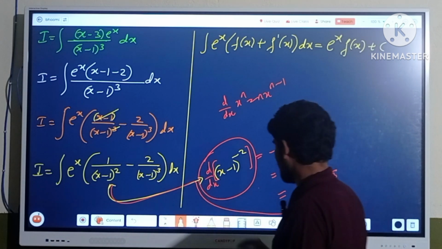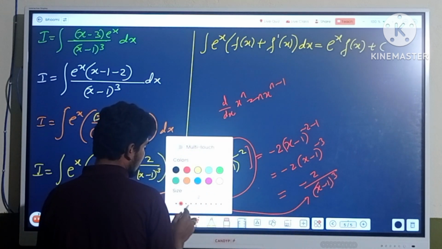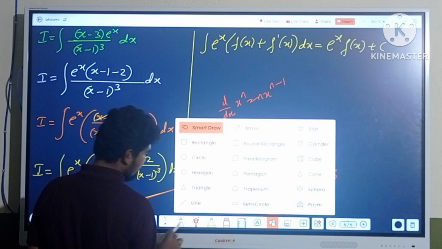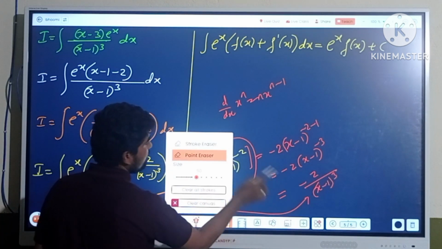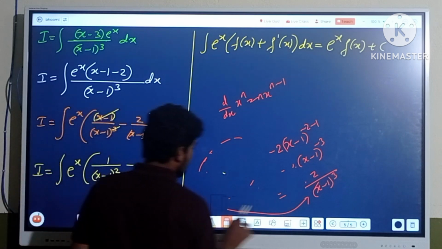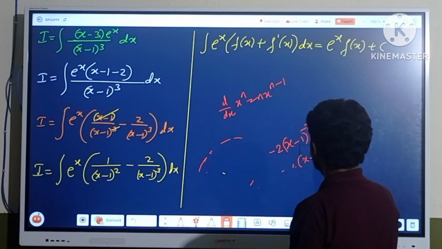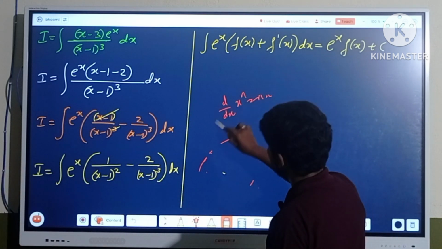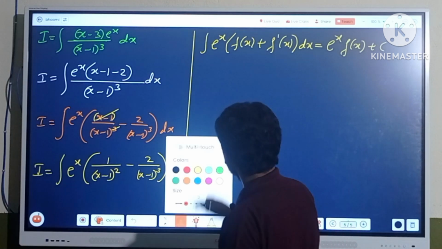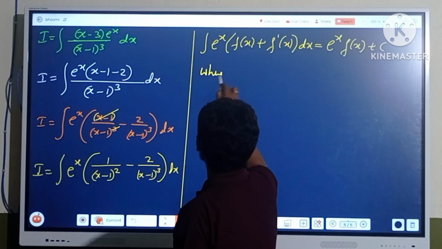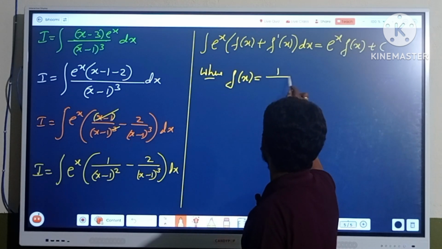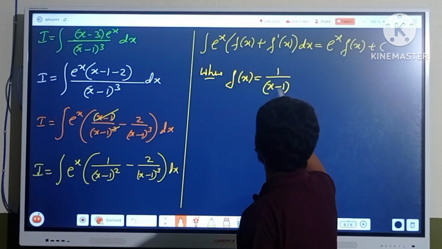But where, what is f(x)? f(x) is equal to 1 divided by (x minus 1) whole square.